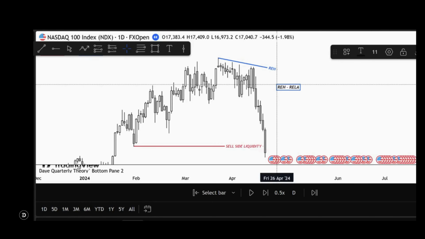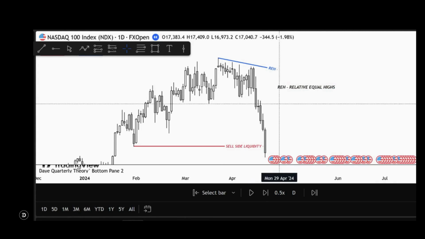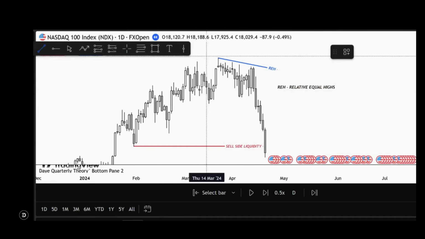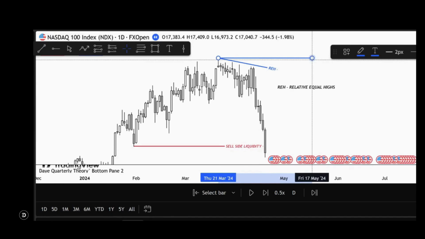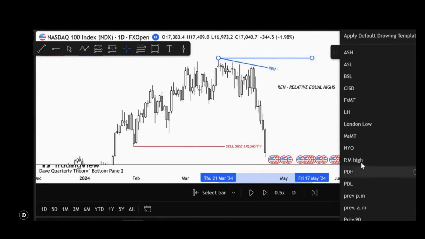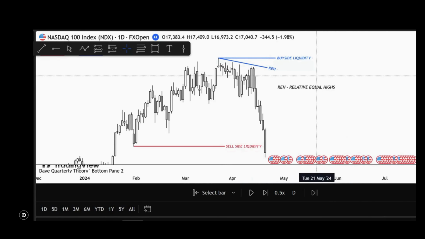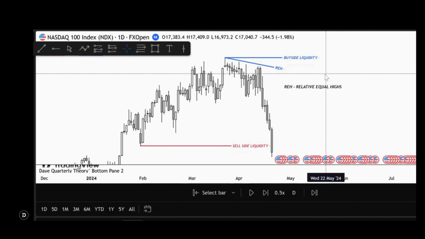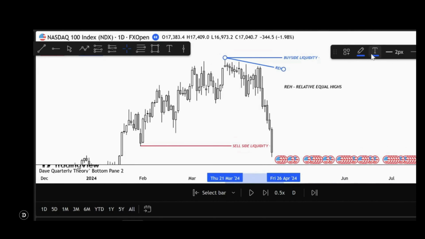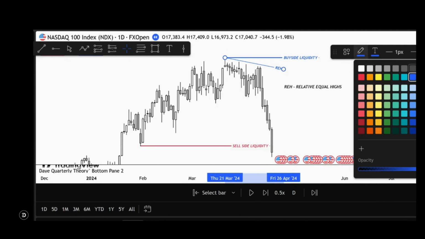And we are going to watch and see how price eventually gravitates towards these highs, right? Subsequently. Okay, so pay attention to the video. So we have this buy side liquidity resting above these highs, right? Okay, now, so let's watch and see how price eventually gravitates towards these highs.